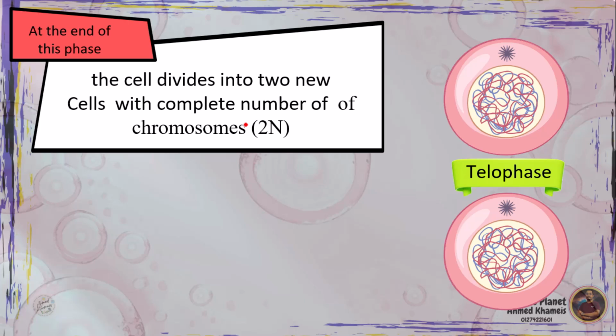And then the telophase, in which the changes that happened in the prophase are reversed: the chromatin starts appearing as the chromatin reticulum, and the nuclear envelope appears again. And by the end of the telophase, the cell divides into two cells. Each of them has a complete number of chromosomes.